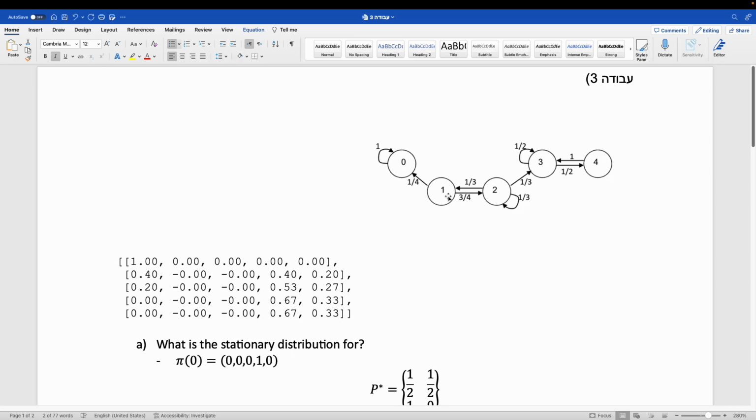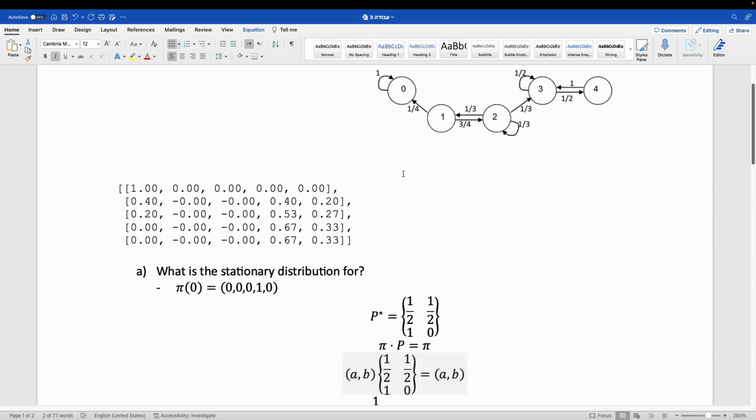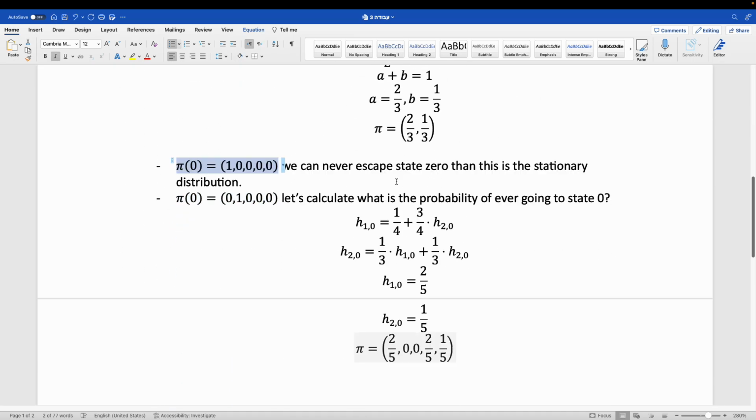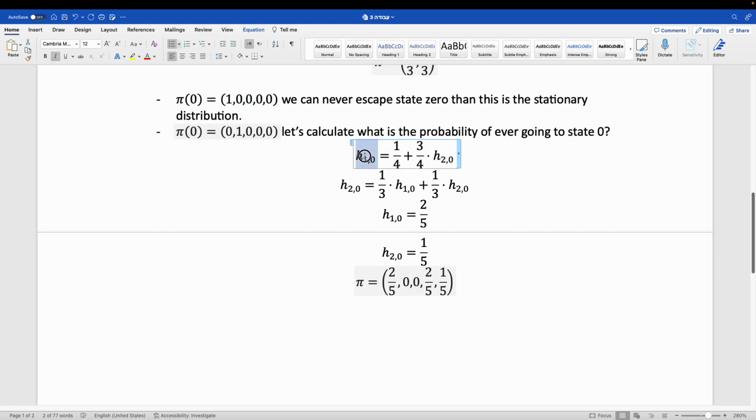For h10, meaning the probability we will ever get to state 0, I will just show you the formula. So h10 will be 1 divided by 4, which is the probability to go straight to state 0, plus 3 divided by 4 to ever go from state 2 to state 0.